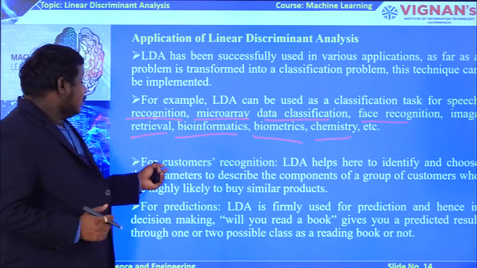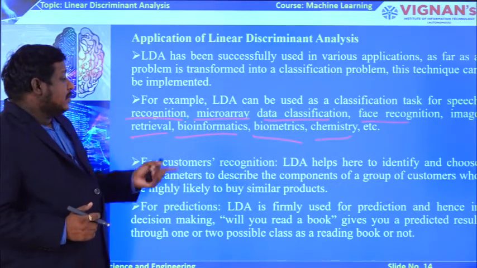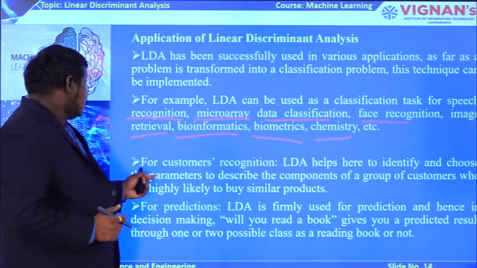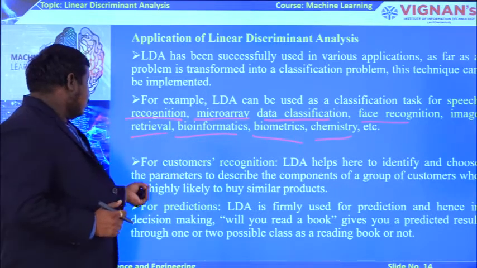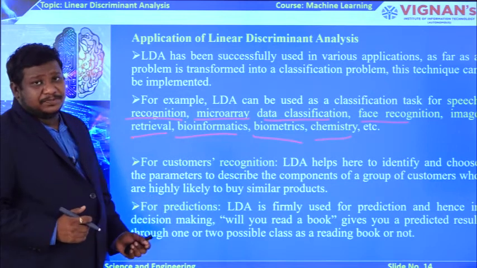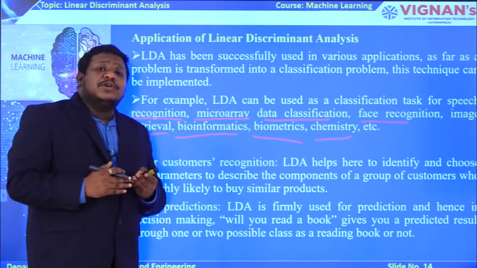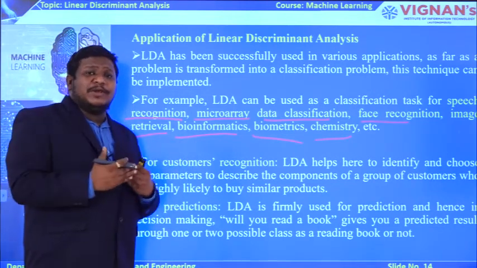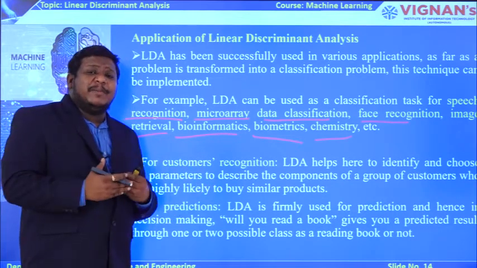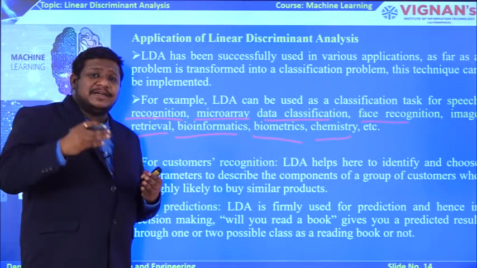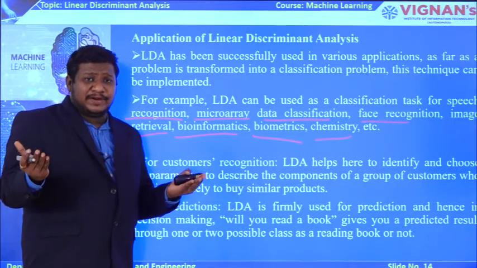Another important application is customer recognition. LDA helps here to identify and choose the parameters to describe the components of a group of customers who are highly likely to buy similar products. When you have a showroom or a shop, you can observe many types of customers coming in. Based on their age or taste, we make them into different groups.